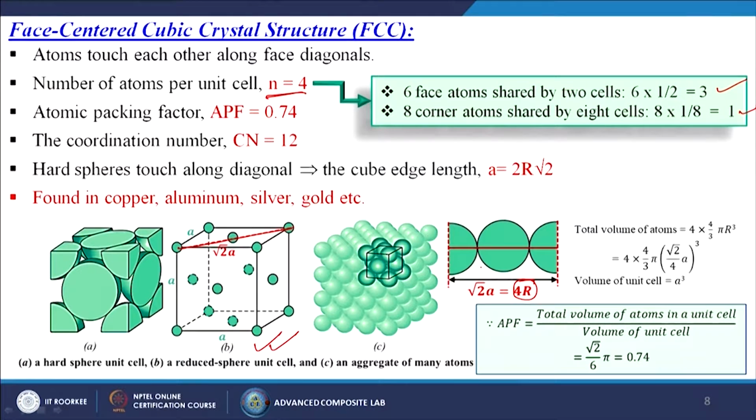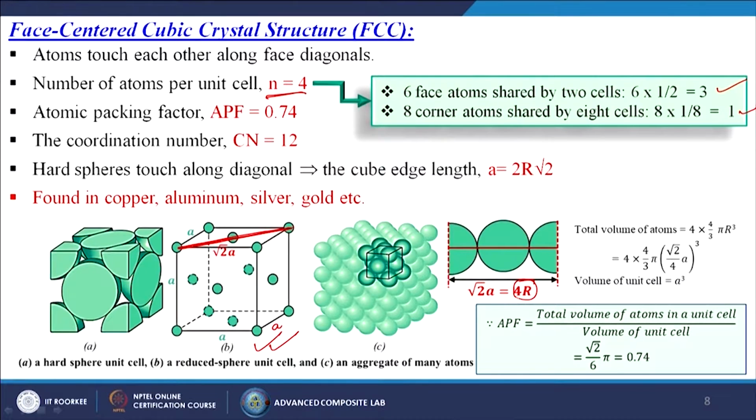So, 4r is equal to root over 2 a, because this is the root over 2 a. Now, how is it possible? If all the side dimensions are a and all are perpendicular to each other for a cubic system, then automatically this will be root over 2 a. So, root over 2 a is equal to 4r.